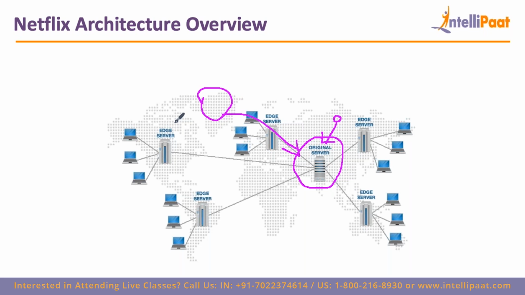And then route every user to that particular server, so that if you're in the US, you will be going to the US server. If you are in India, you'll be going to the Indian server. If you are in a country like Africa, you'll be going to the African server, and it goes on. So it depends on where you're accessing the service, and based on that, you're connected to the respective server.